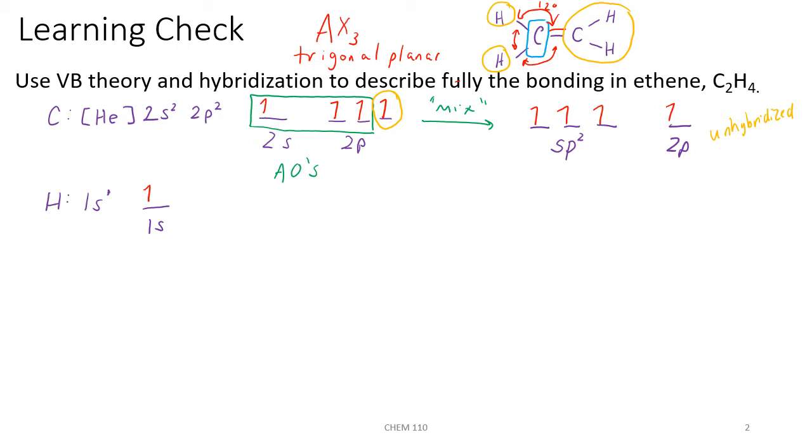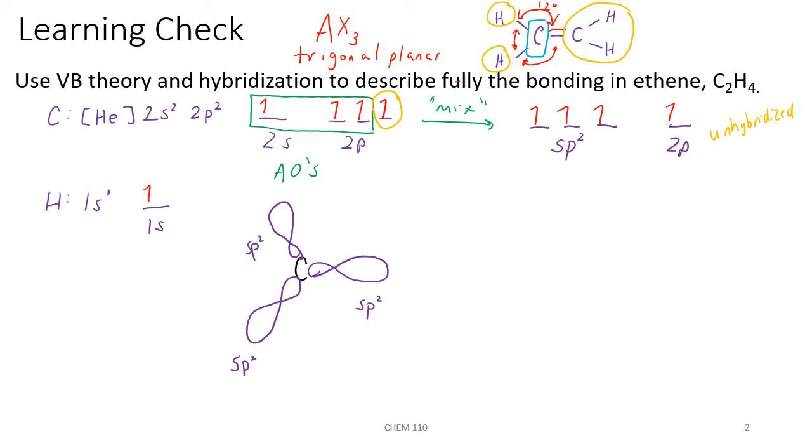So if we draw our trigonal planar sp2 hybrid orbitals on carbon first, we're going to have them be 120 degrees apart, and carbon would essentially be in the middle of all of them. So sp2 hybrid orbitals will look a lot like a combination of s and p together.